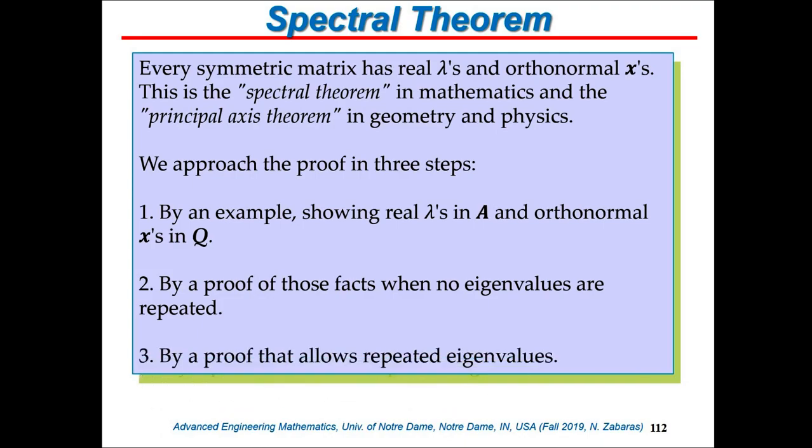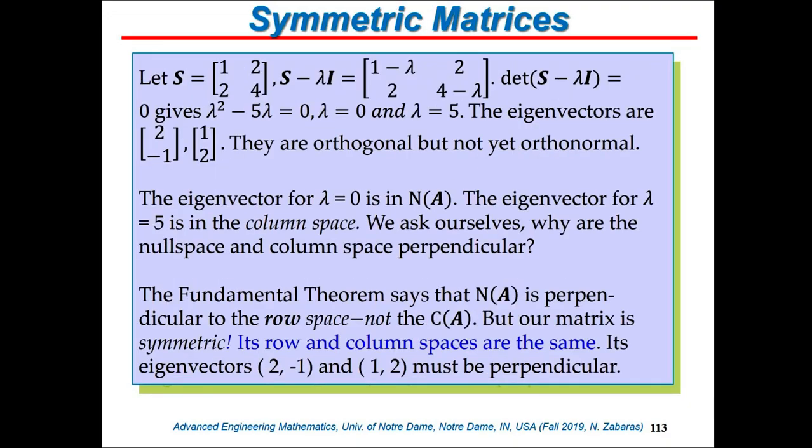The spectral theorem allows repeated eigenvalues, but to prove that you have real lambdas and an orthogonal matrix Q, it's easier when there are no repeated eigenvalues. So we're going to prove things for that case, and then maybe highlight a few things for the case of repeated eigenvalues.